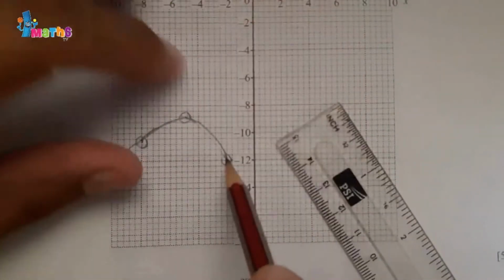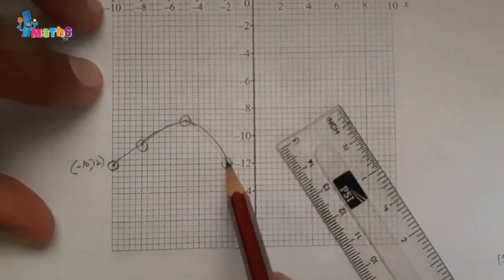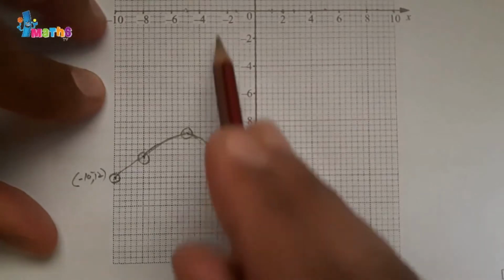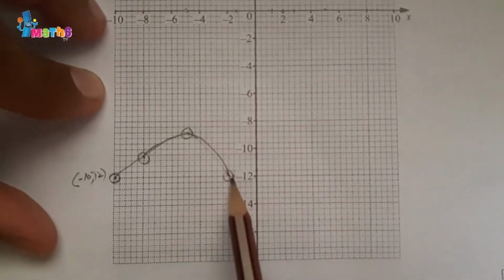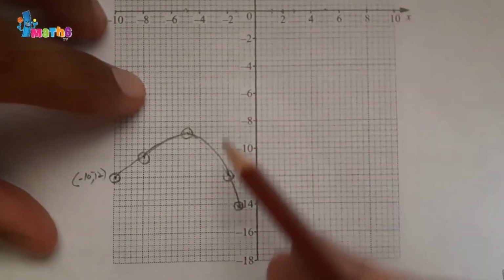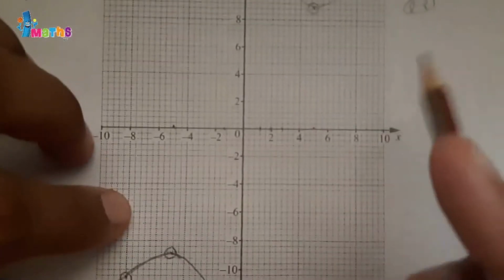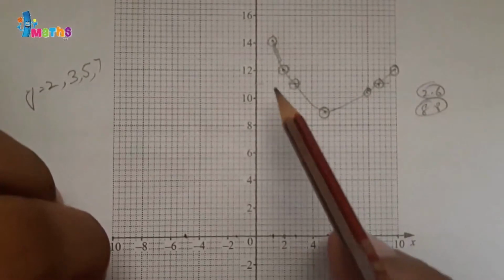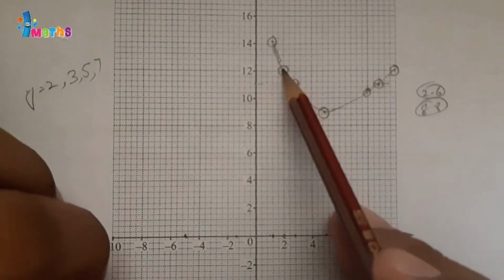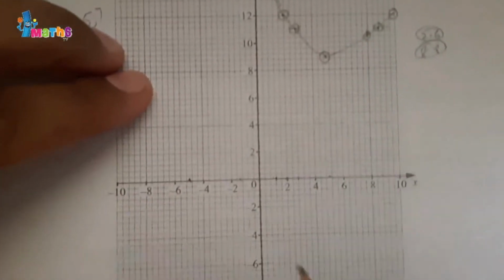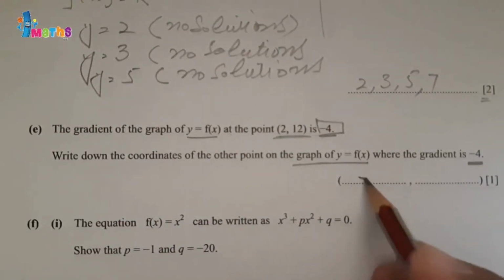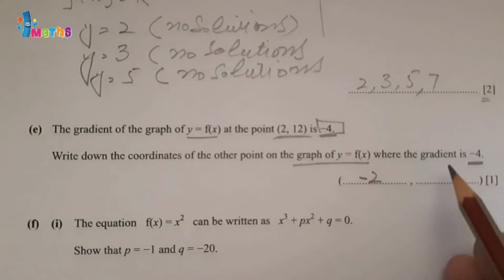Minus 2 and minus 12 will also have the same gradient as the positive side. This one over here. So our answer will be (minus 2, minus 12).